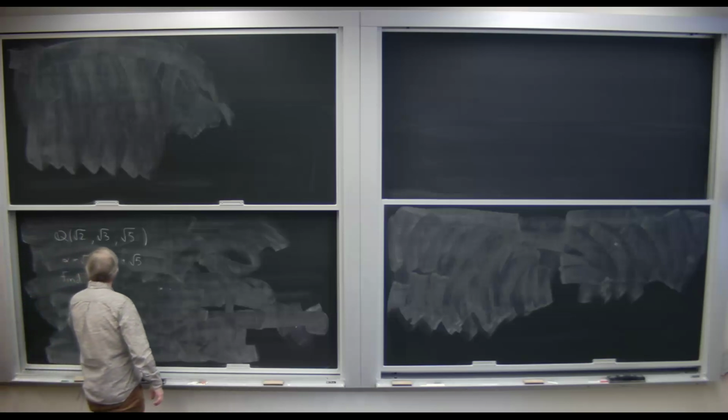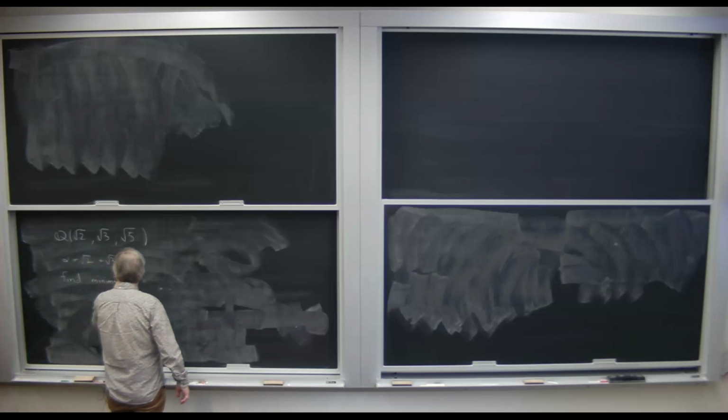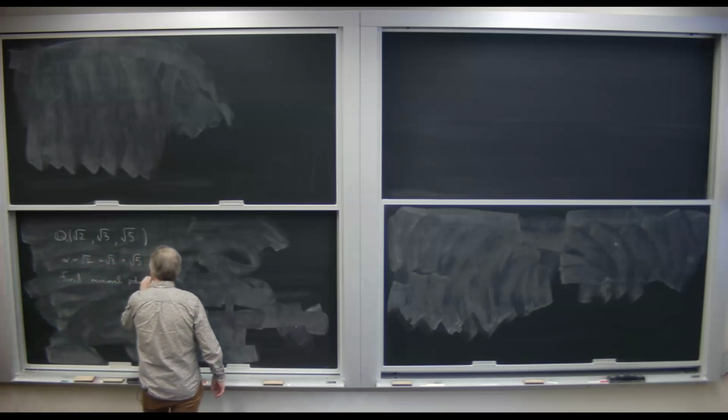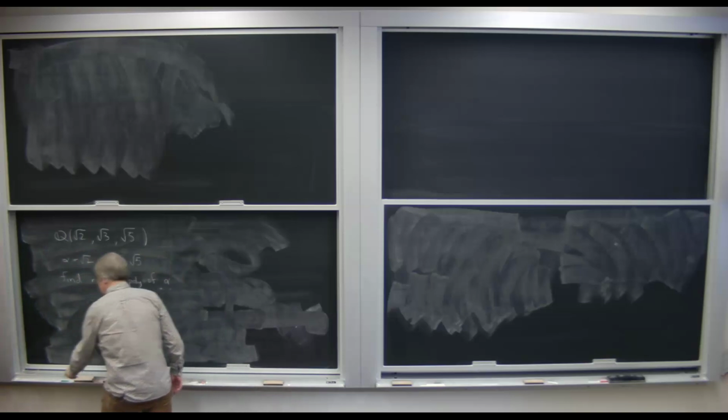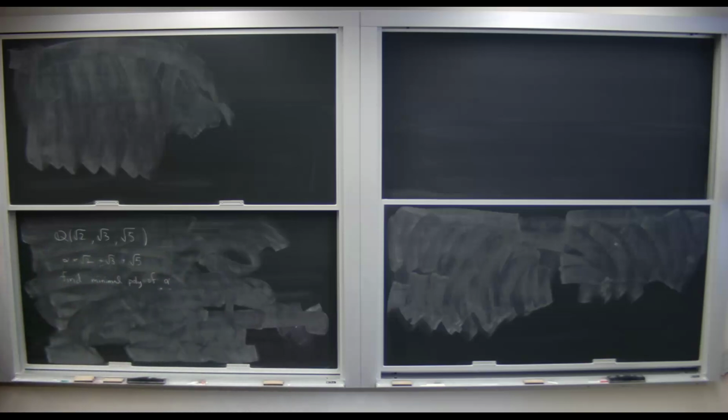I'd rather take three variables. x squared is 2, y squared is 3, z squared equals 5. And then you look at the ideal generated by x plus y plus z.